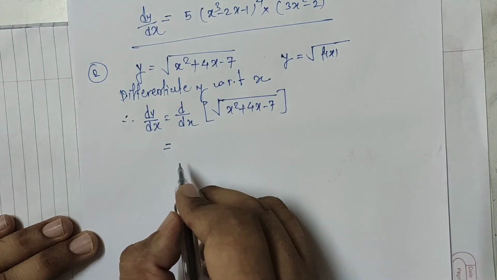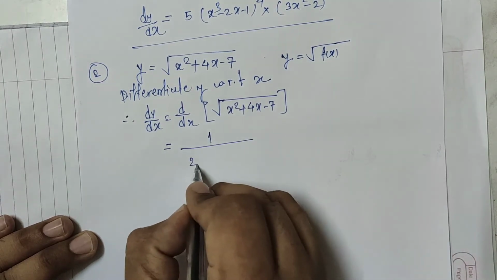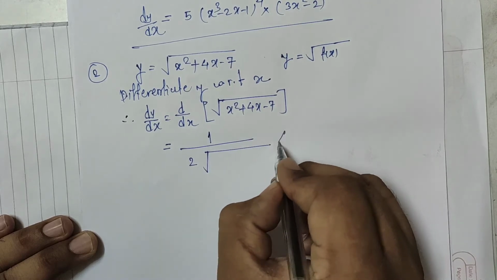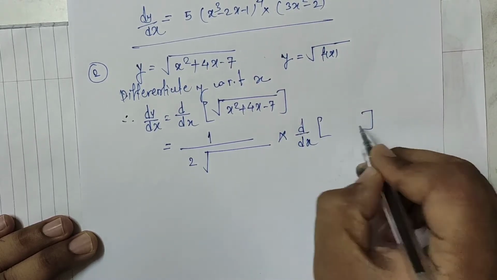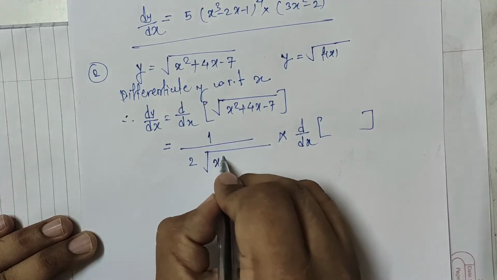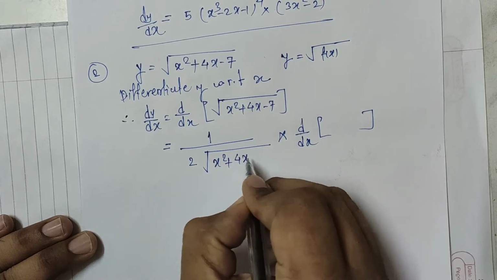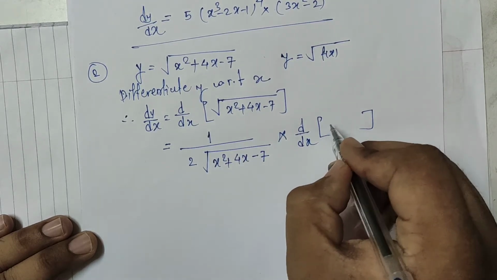What is the root x derivative? The derivative of root of f of x is 1 upon 2 times root f of x into derivative of f of x. What is f of x? Here f of x is x square plus 4x minus 7, into derivative of f of x.